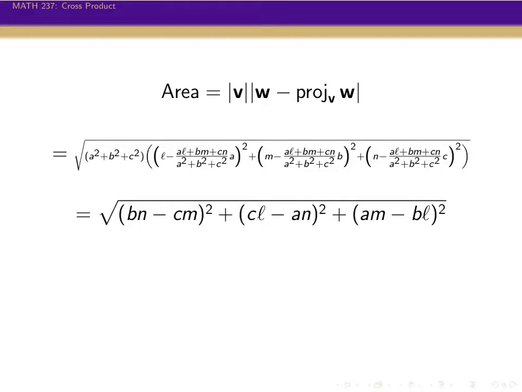These are all the components of the U vector that's perpendicular to V and W that we found. And so the way this is set up, this is actually the magnitude of that vector U from the first problem.